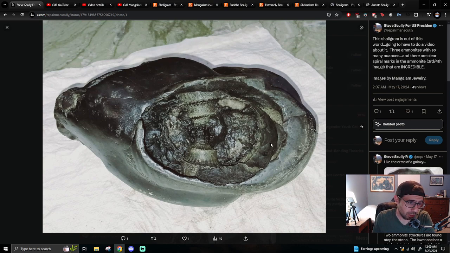But also having another spiral there. It's almost like a ring spiral there.